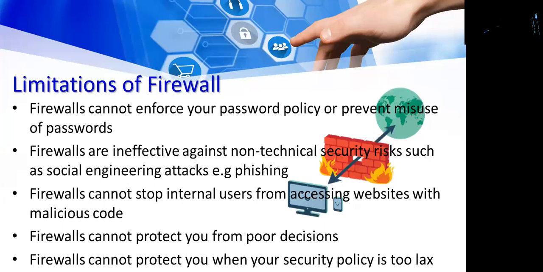A firewall cannot stop internal users from accessing websites with malicious code. So if a website has malicious code, firewalls cannot prevent you from accessing it. And that is the purpose of having another layer of security, which an intrusion detection system is good at.